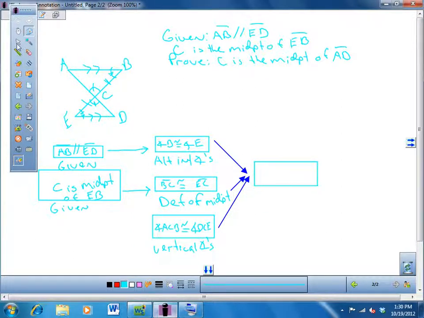So in the next step, I say that triangle ACB, my thing is kind of goofy here, is congruent to triangle ECD, or I like to call it BCE, to set up the correspondence correctly, BCE, and that was what?